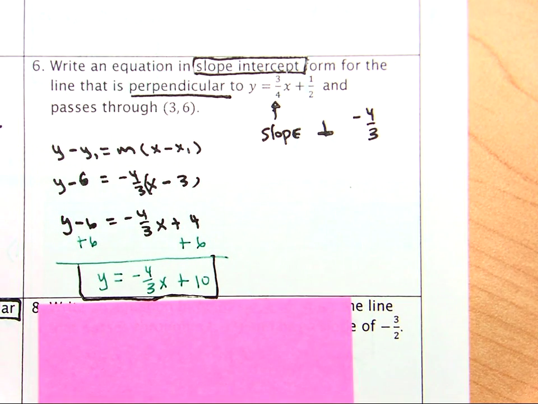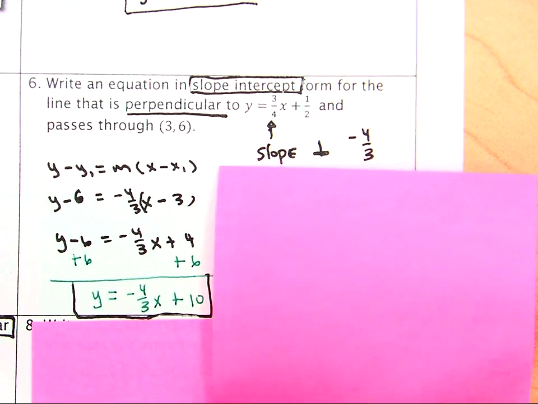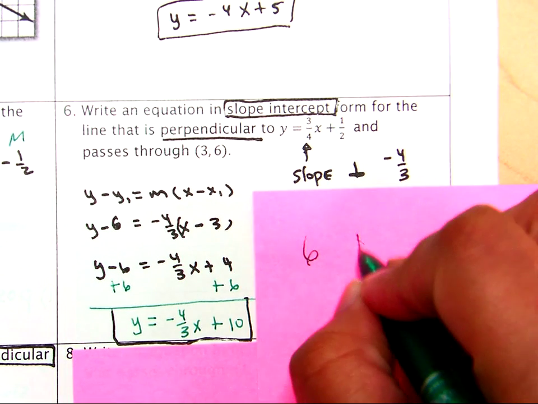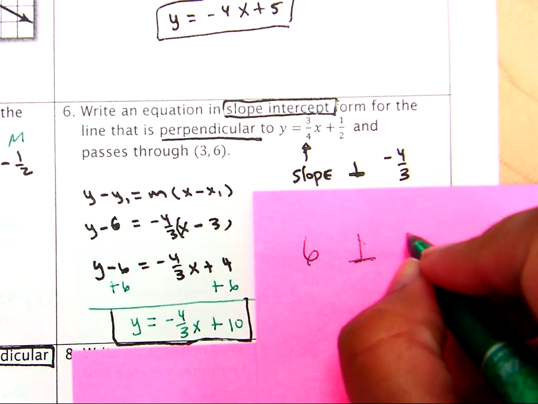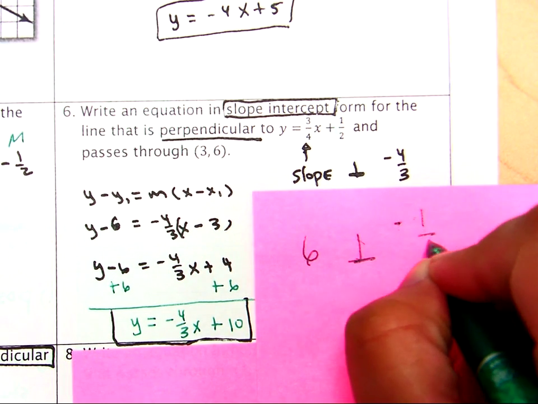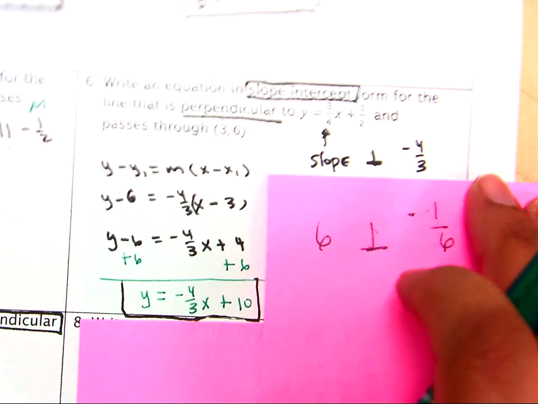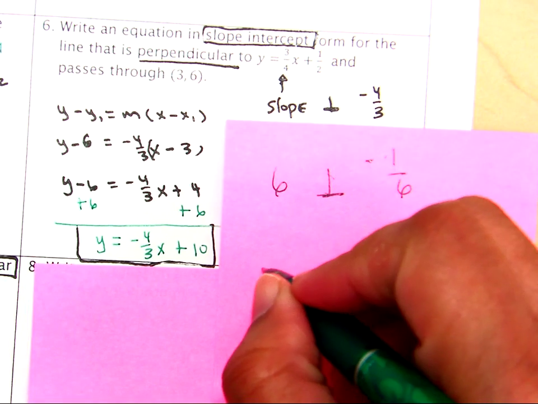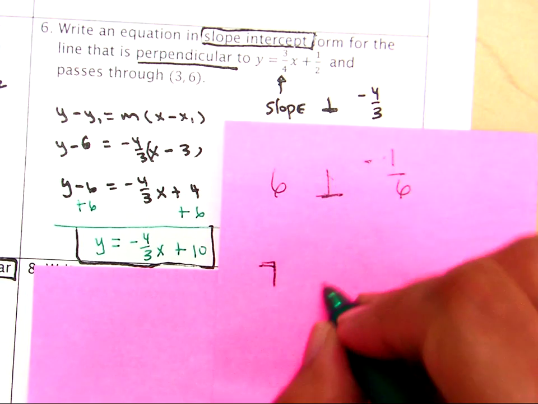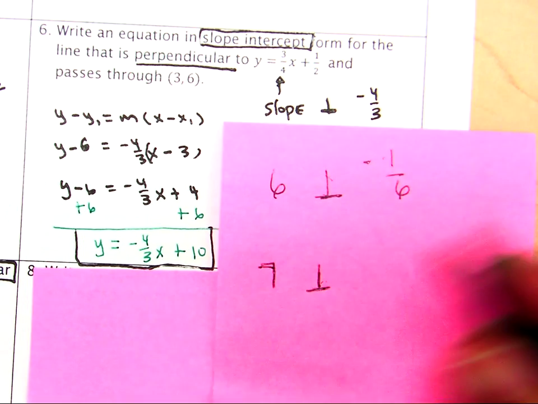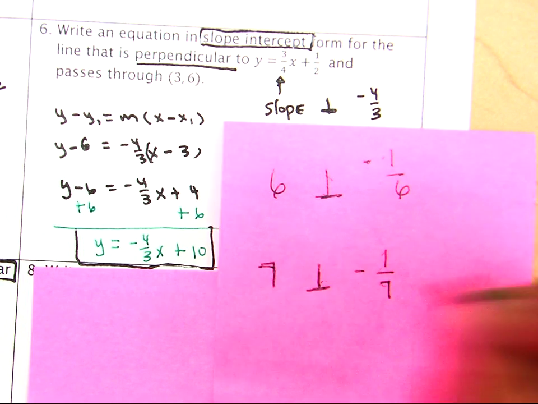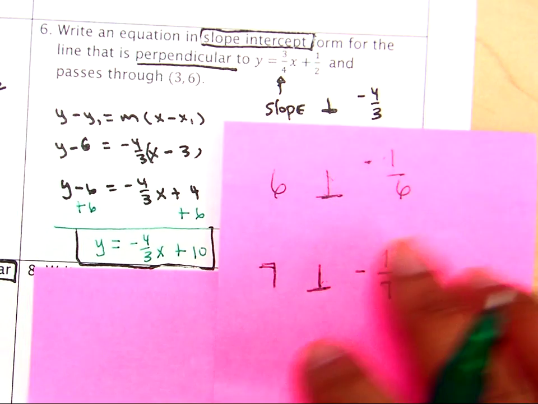Just as a quick refresher, if you had a slope of, let's say, 6, perpendicular to that would be -1/6. Just like, let's say, 7. Perpendicular to that would be -1/7. So just keep that in mind for tomorrow's test.